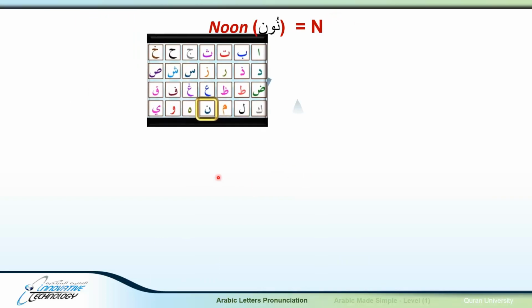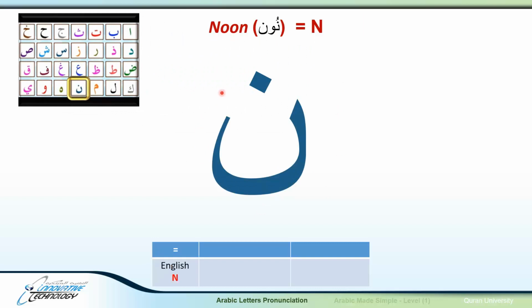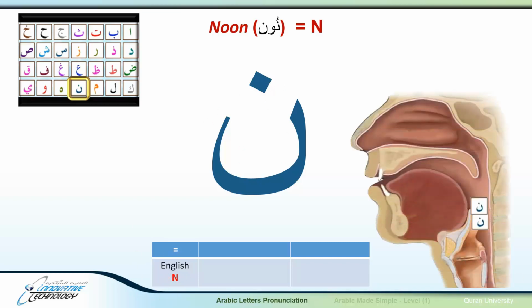Nun. It's looking like a ba, but more curved, like a semicircle, with a dot on top of it. It is similar to the English N, pronounced in. It is similar to the meme in having dual articulation points. The main articulation point is lingual, between the tip of the tongue and the anterior part of the hard palate.